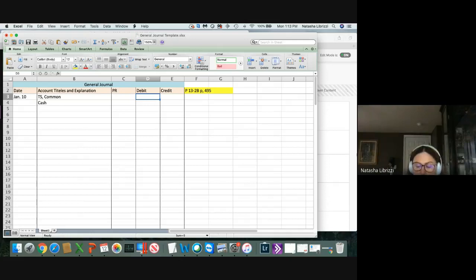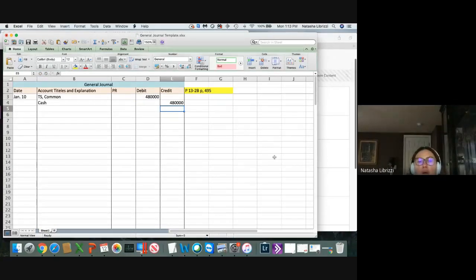So 40,000 times 12 is 480,000, and my debits equal my credits. Now I have my own treasury stock sitting on the books. I'm going to create two little T accounts here just to get my point across. This is my treasury stock, common.